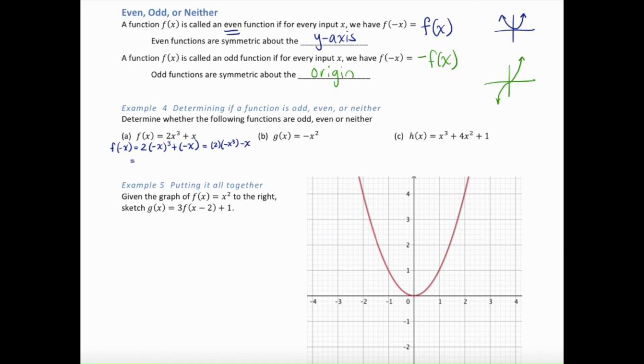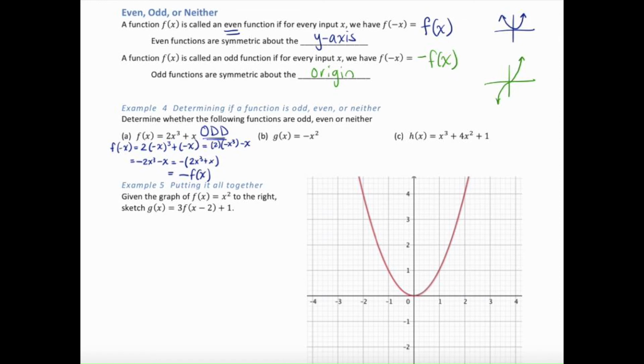Now I have negative 2x cubed minus x. Notice that both of these have a negative factor, a negative 1 in common, so we can factor that out. Write this as negative 2x cubed plus x. And look at this, 2x cubed plus x is our original function. So this is simply negative f of x. This tells me this is an odd function.